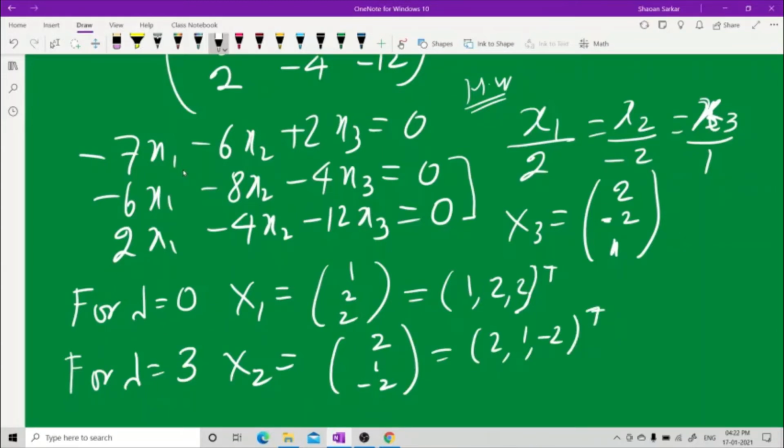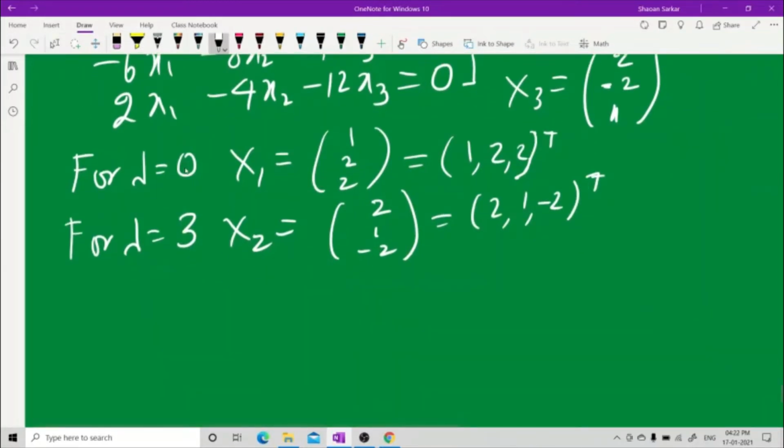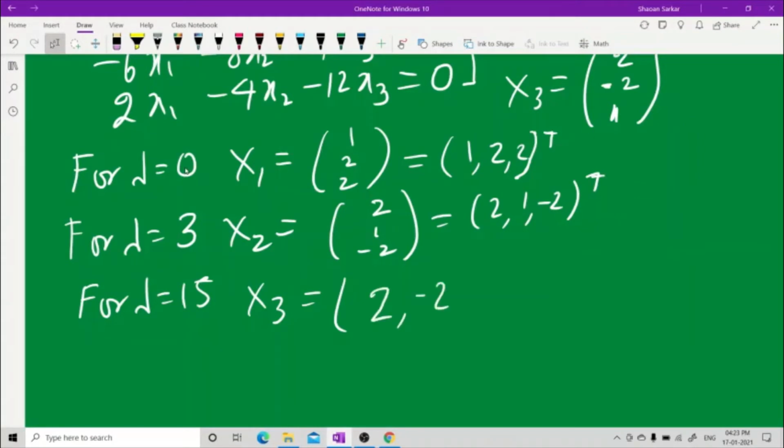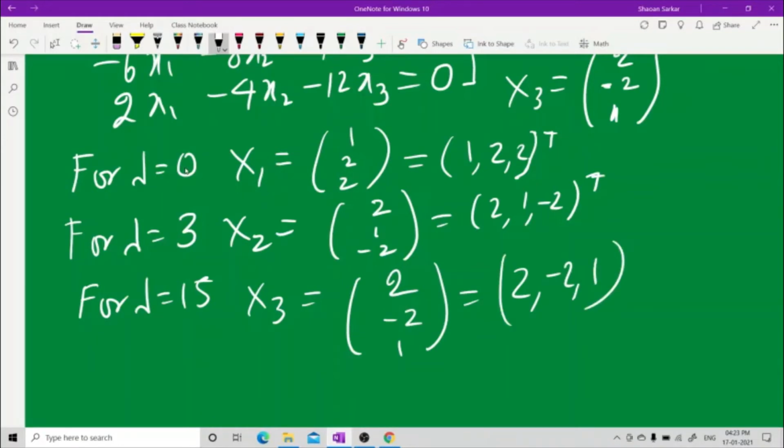And for lambda equal to 15, the vector x3 is 2, minus 2 and 1, which can be written as 2, minus 2, 1 whole transpose. Now here your answer ends.